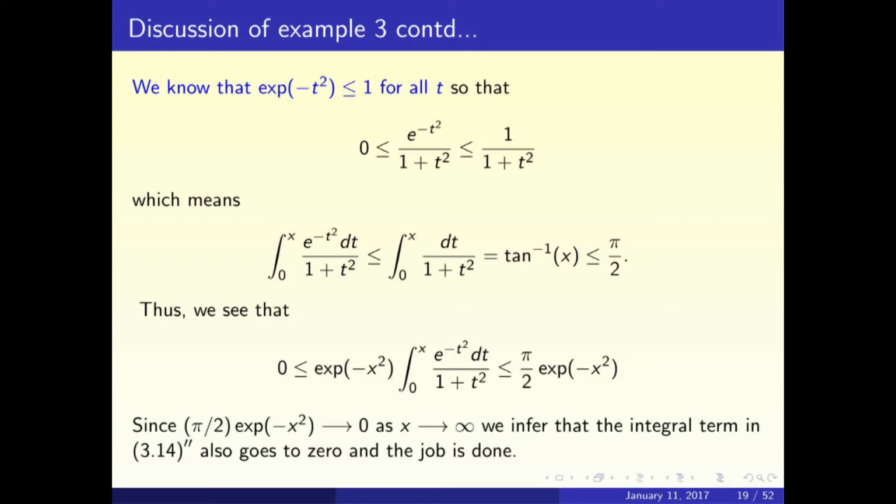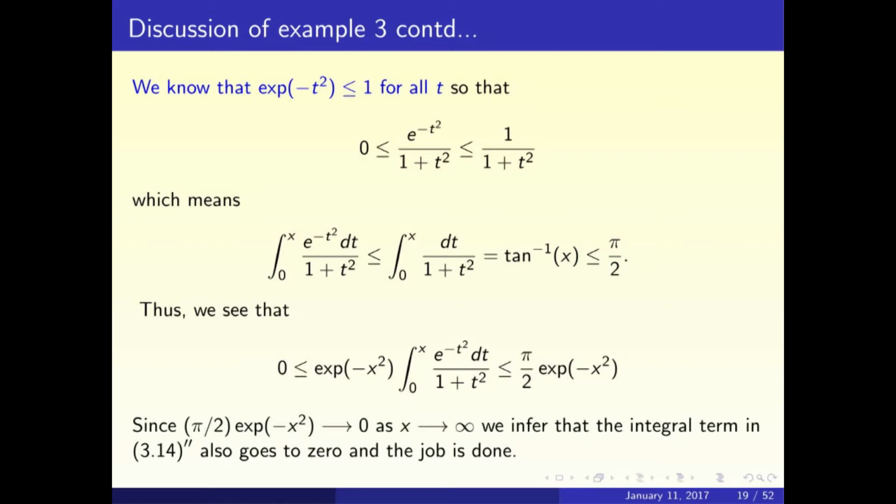So after multiplying by e to the power minus x squared, what do we get? 0 less than or equal to e to the power minus x squared times the integral from 0 to x of e to the power minus t squared dt by 1 plus t squared, less than or equal to pi by 2 e to the power minus x squared.